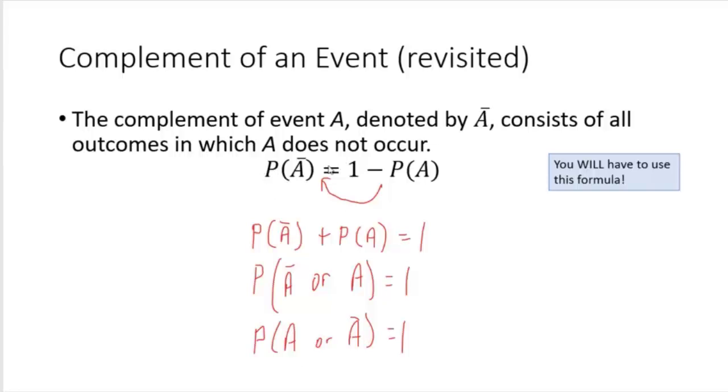So they could ask you to subtract to apply it, but they might also ask you something like this: the probability that something will happen or that it won't happen is equal to 1. Just be aware that they're going to ask you to use that for subtraction, or they may rearrange it in one of those forms.